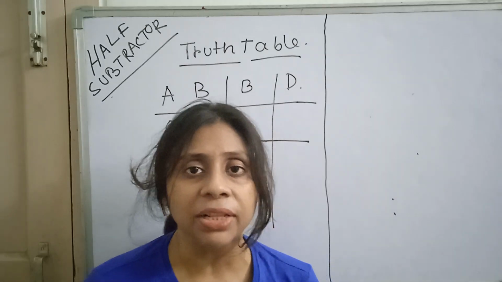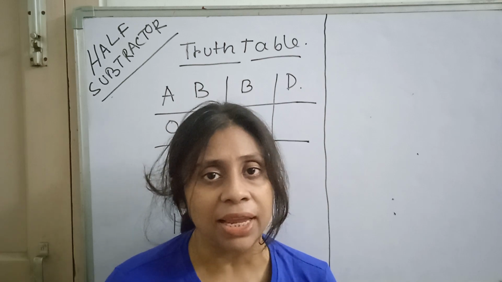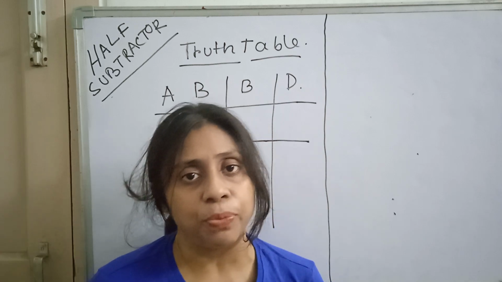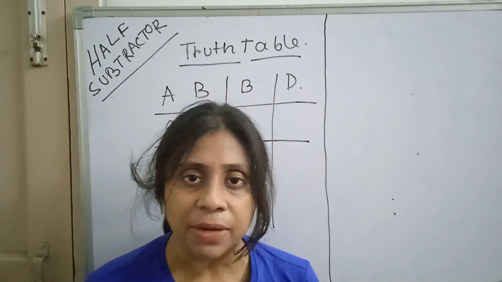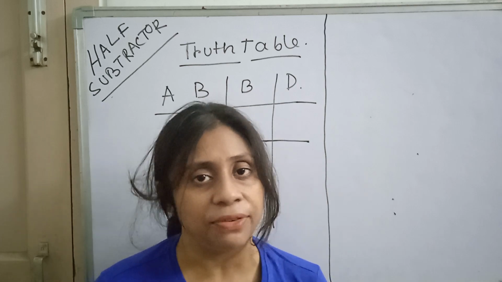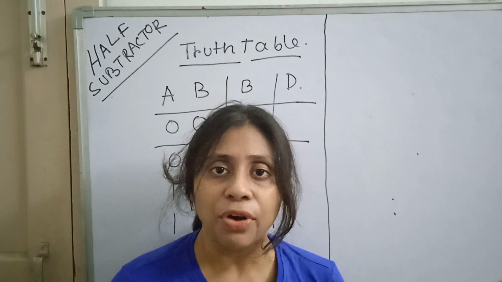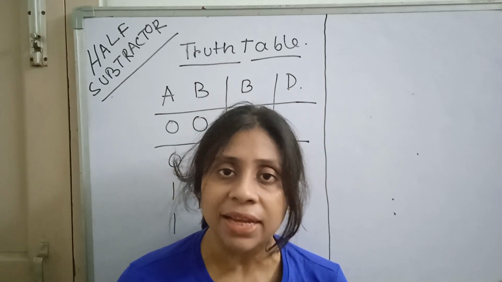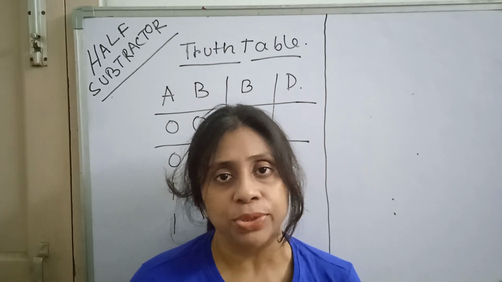When we are doing the logic circuit diagram, we need to do the logic circuit to have each of the outputs for that particular combinational circuit. In case of half subtractor, there are two output lines, borrow and difference. So there will be two circuits for having each of the outputs. In a single circuit, there will be two parts to have each of the outputs.